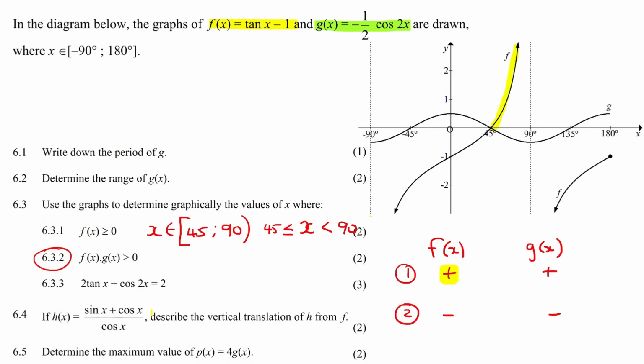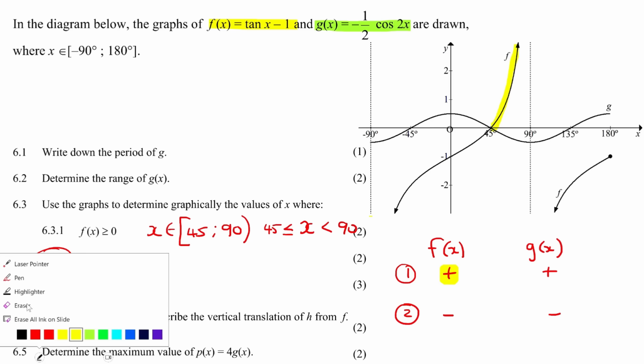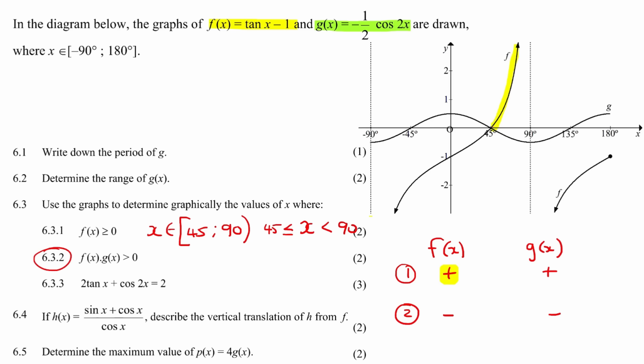So in that little area, pretty much just in this area here, from this x value to this x value, the graph of g has to be positive. In that little area, from there to there, graph of g is not positive. The graph of g is here, which is under the x-axis, so it's negative. So this part is a no solution.